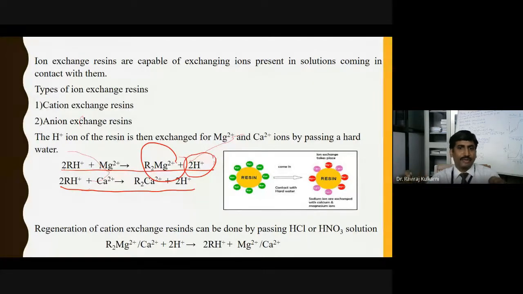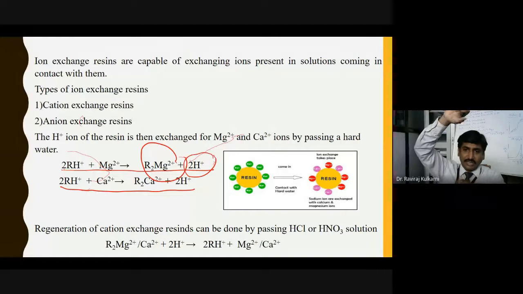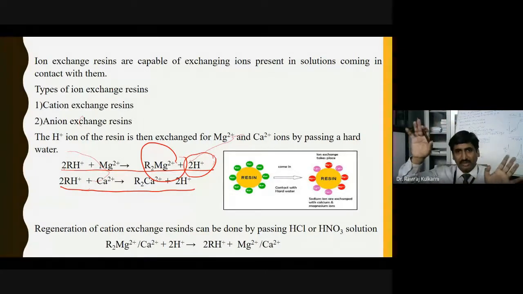How do we do it? We pass concentrated HCl or HNO3 solution, or dilute HCl and HNO3, usually 1 molar. We wash it several times, passing HCl or HNO3. All the cations sitting on the resin come out as calcium or magnesium, and the resin is regenerated with H plus ions.